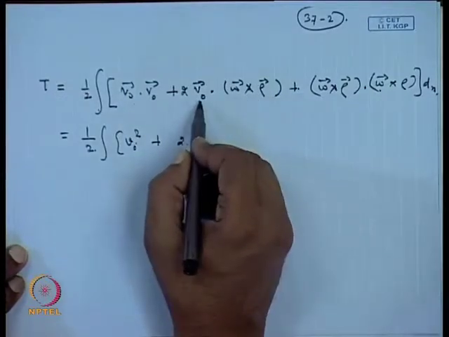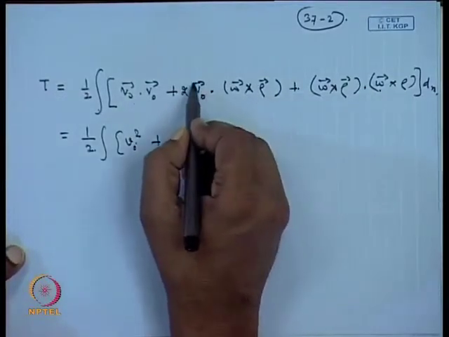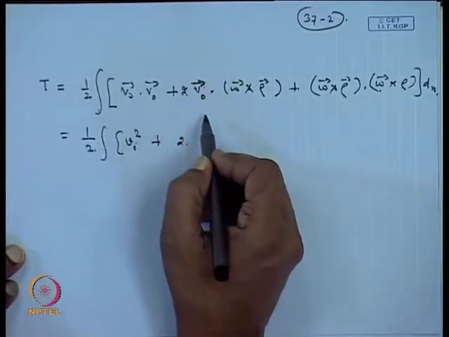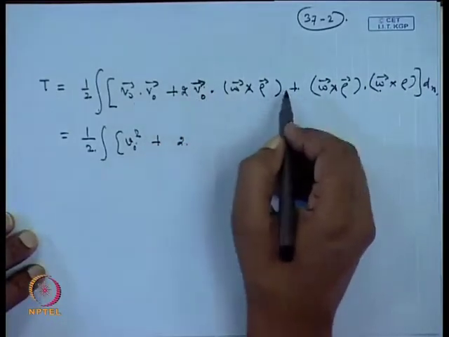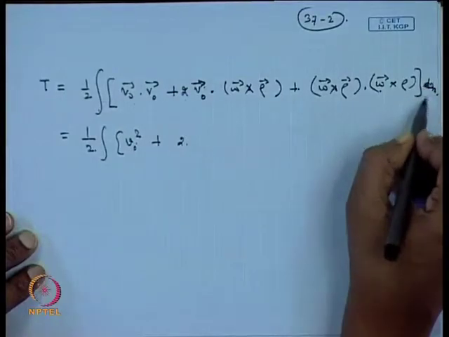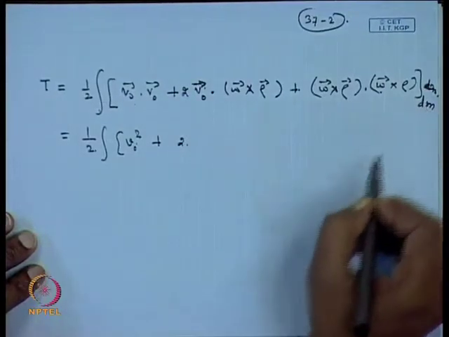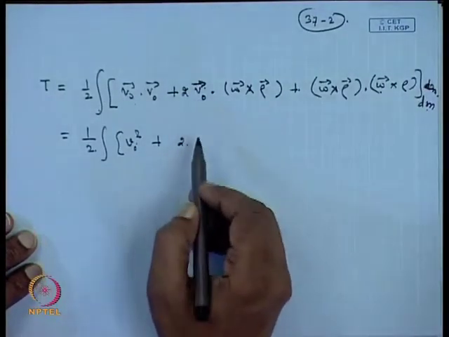Okay, so v 0 is the velocity of the center of mass, and the integration is being done over the mass of the body, so we can take it outside the integration sign.